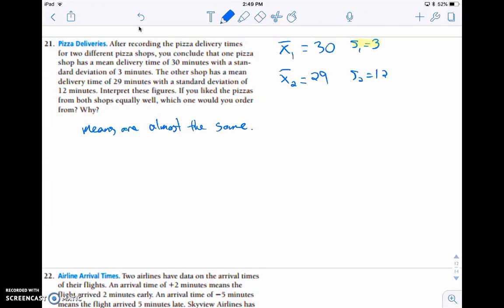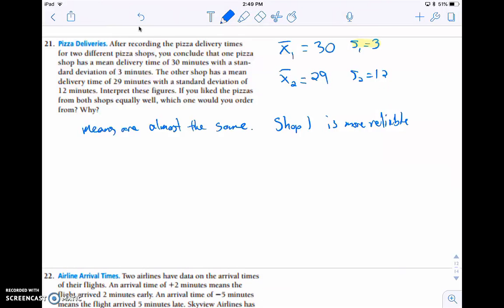So that means that shop 1 is more reliable because it has a smaller standard deviation. So they're going to be contained. You're going to see a lot more deliveries between 27 and 33 minutes. If you go one standard deviation above and below, that's where the bulk of your data is going to lie.